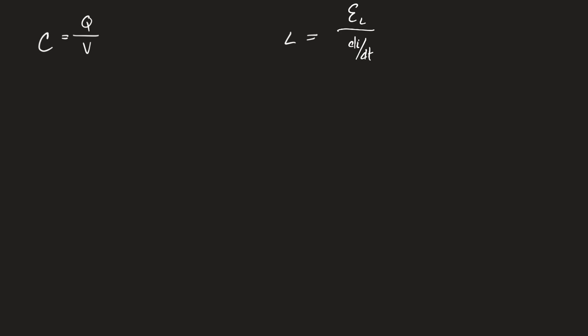However, there's something else I'm going to add here. The EMF is opposing the direction of the current, or the direction of the change in current. It's going to oppose the change. This didn't exist for capacitance. There is no opposition to this. For inductance, there is.